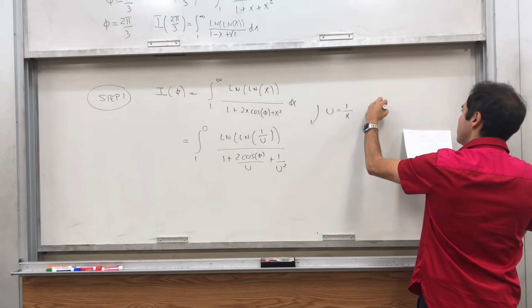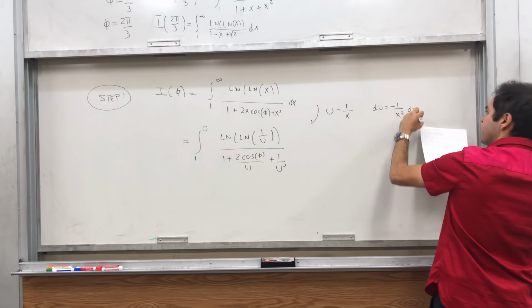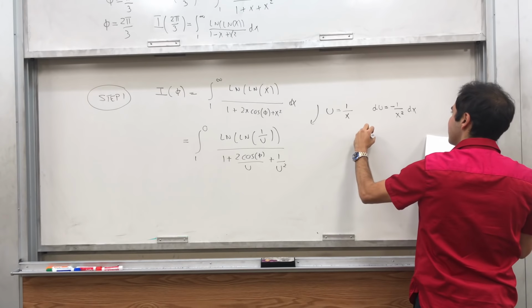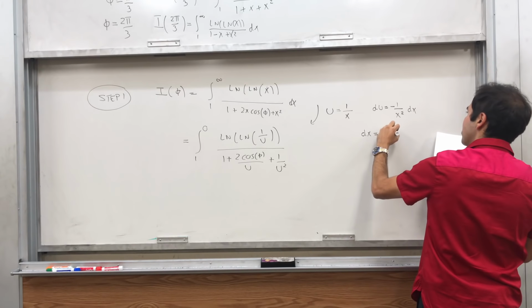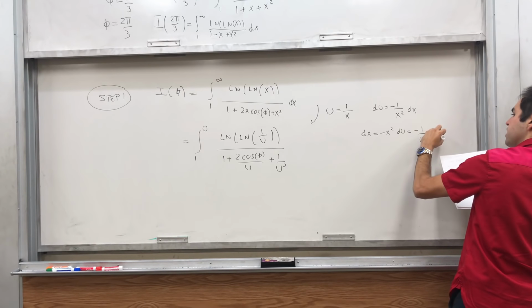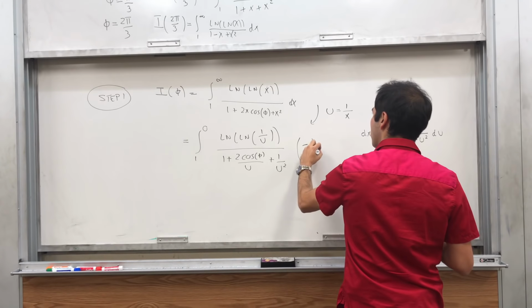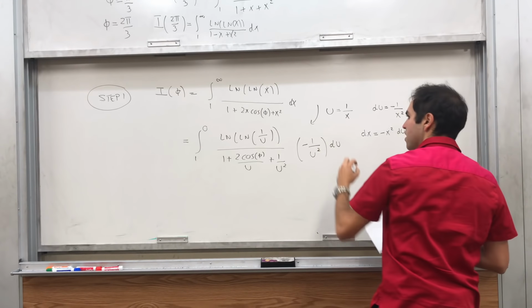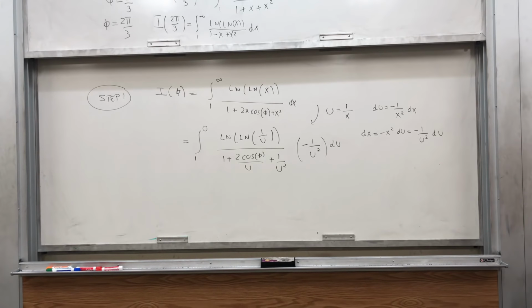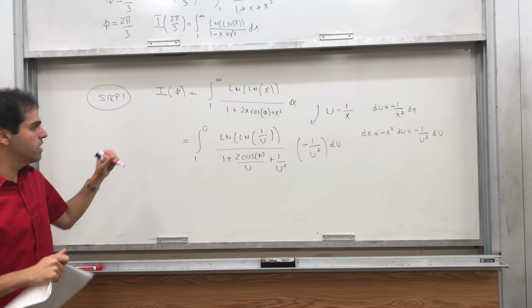So du is minus 1 over x squared dx. So if you want dx, it's minus x squared du, but it's minus 1 over u squared du. So all this thing, it's minus 1 over u squared du. And this is very good because, first of all, notice the bounds here are completely messed up.